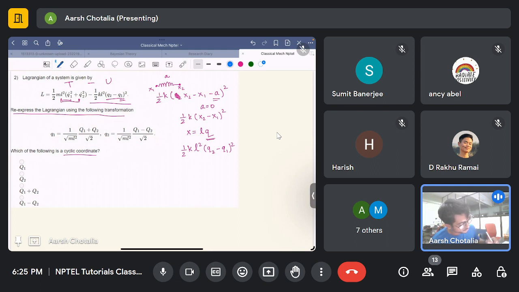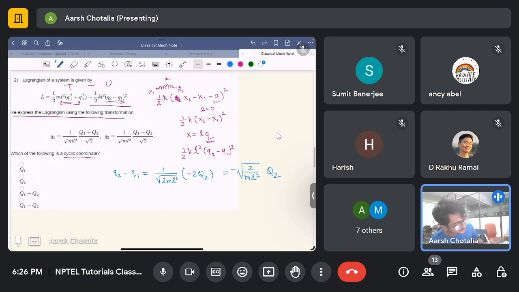So how will you get q2 minus q1? If you write q2 minus q1, we can take out this square root of 2 m l square outside, and it is Q1 minus Q2 minus Q1 minus Q2. So it will become minus 2 Q2, right? So it is minus of square root of 2 m l square Q2.